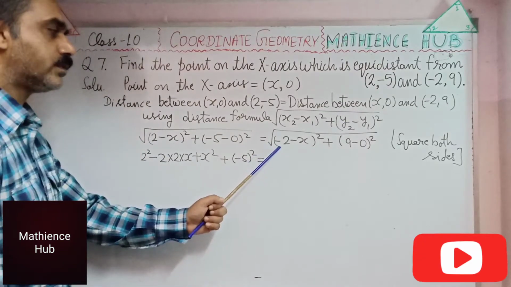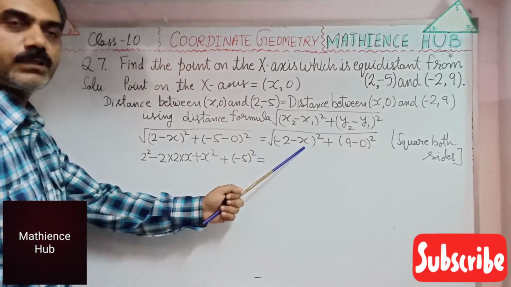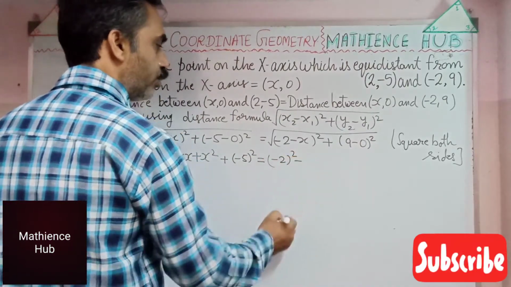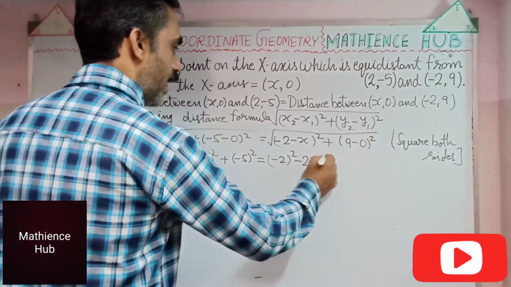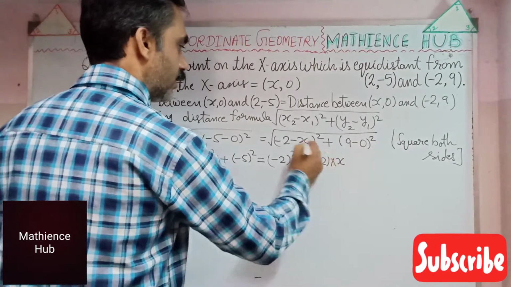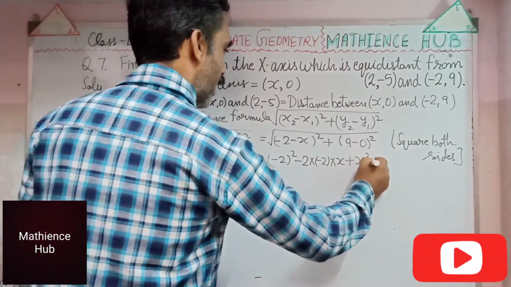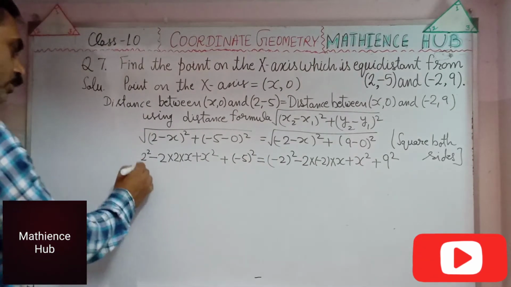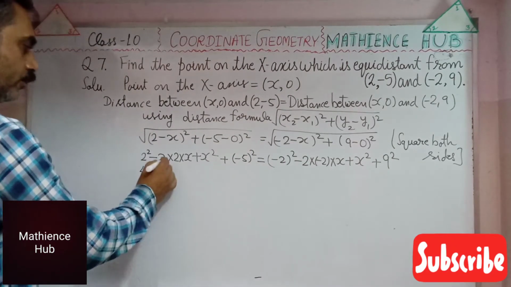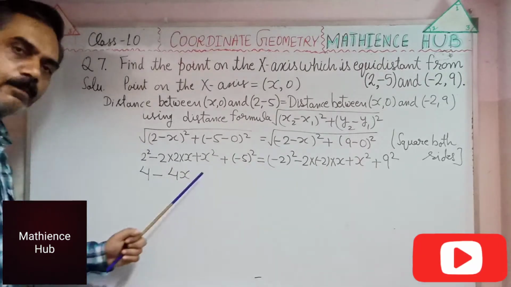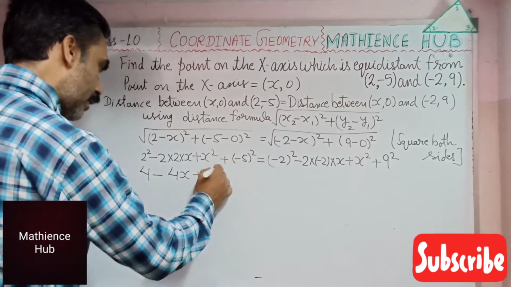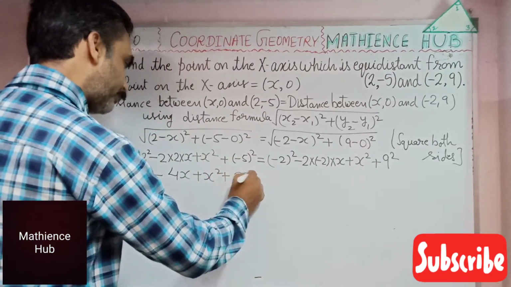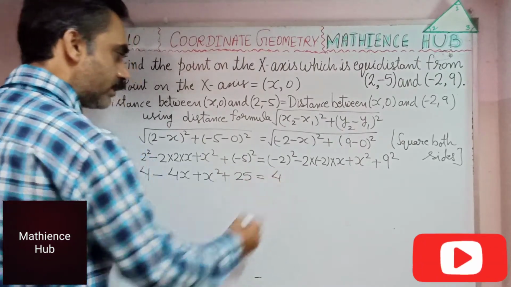Here again a is -2 and b is x: (-2) square minus 2ab, minus 2 multiply x plus x square, plus 9 minus 0 is 9 square. 2 square is 4, 2 times 2 is 4x, plus x square, plus 25. (-2) square is 4.